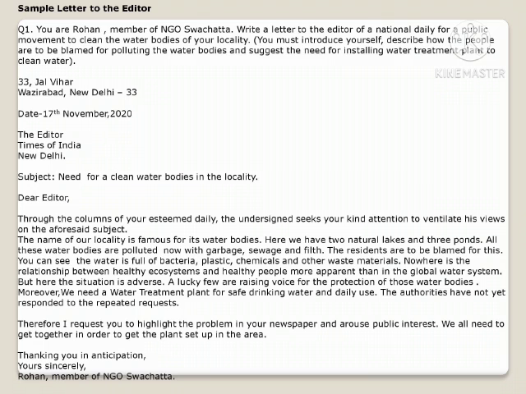This will be followed by the subscription, where we write yours sincerely, and finally the name of the writer. Since the name of the writer is given in the question, we'll mention that. Over here it's Rohan, and the designation of the writer, member of NGO Swachhata. If the name of the writer is not given, in that case we can write ABC or XYZ.